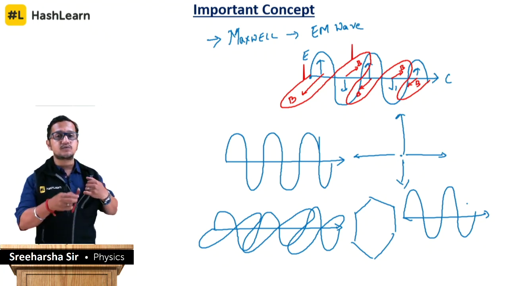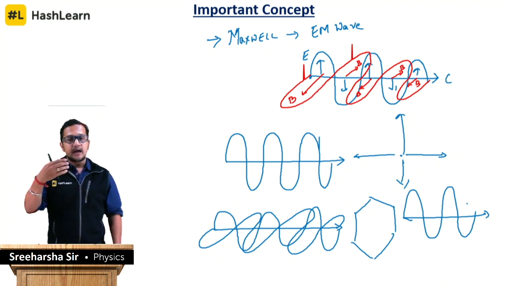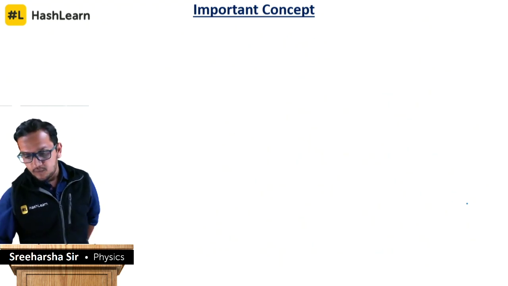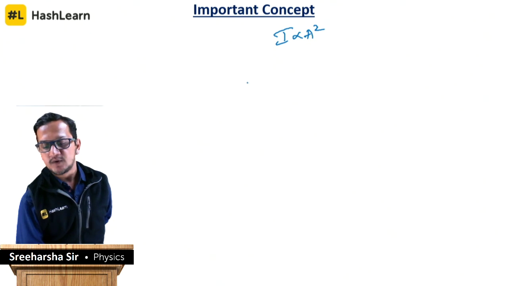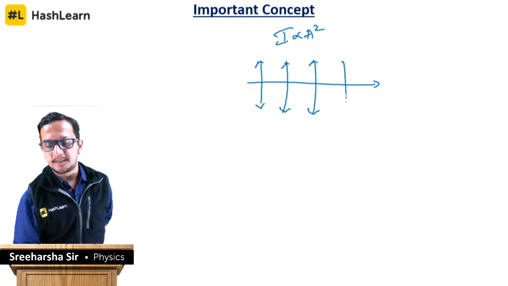Due to this, if you remember the waves which you have studied in class 11, we know that intensity is proportional to amplitude squared. Now you have the ray of light, you will have only this which is allowed and the perpendicular ones are blocked.